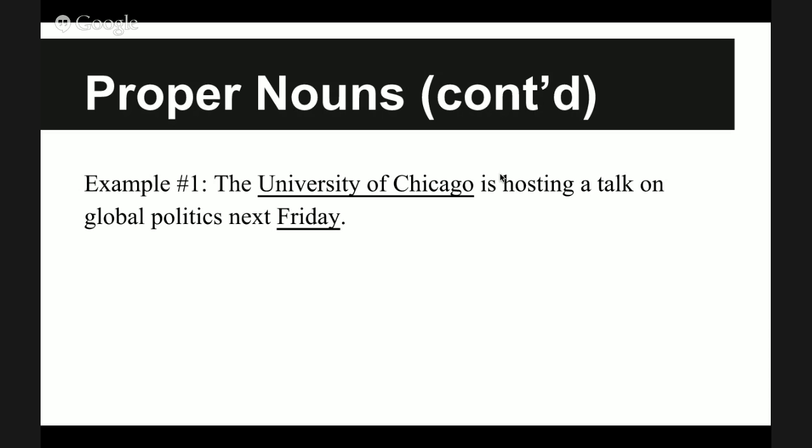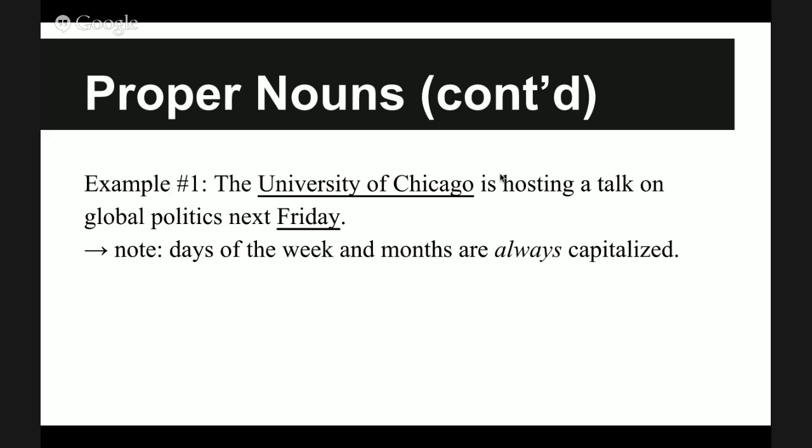And another important grammatical note when we talk about capitalization, days of the week and months, those are proper nouns. They are always capitalized. Okay, so important to note, important to remember in your own writing. Whenever you refer to a day of the week or a month, okay, that is always capitalized, no exception.